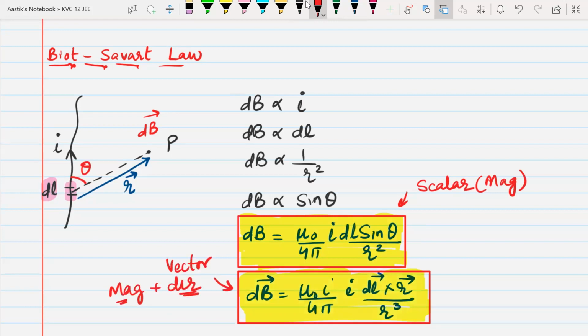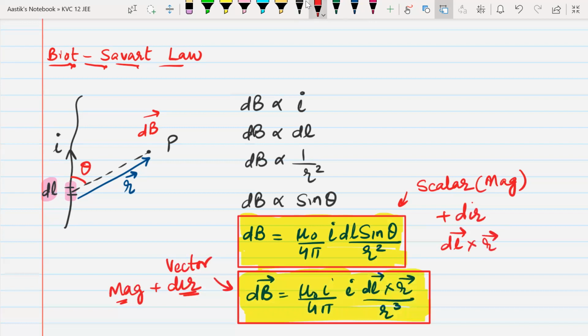But the first formula is the scalar formula. It only gives us the magnitude. How do I get the direction? I get the direction of the magnetic field from the cross product. The direction of the magnetic field is given by the direction of dl cross r.